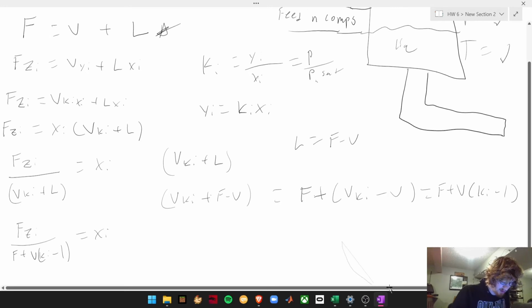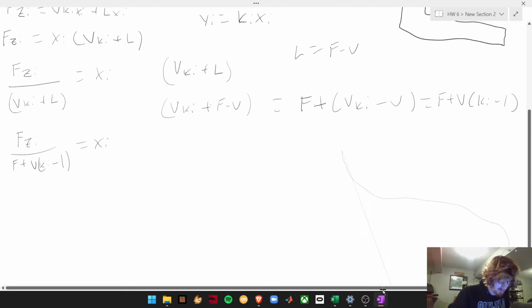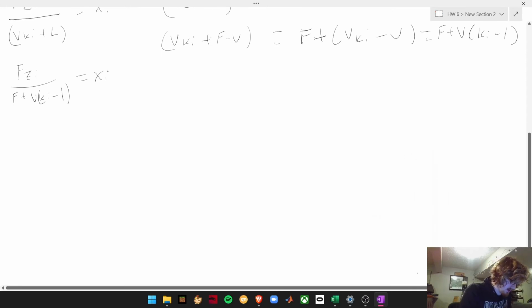And then from there we can do one more small bit of algebra, and we can divide across by F, and we'll end up with Zi over 1 plus V over F, and again we're just dividing by the total moles, times Ki minus 1 is going to be equal to Xi.